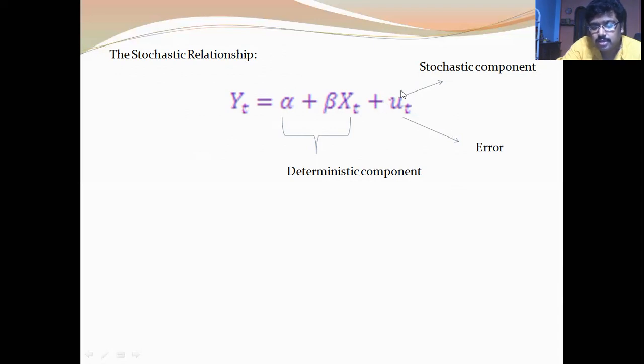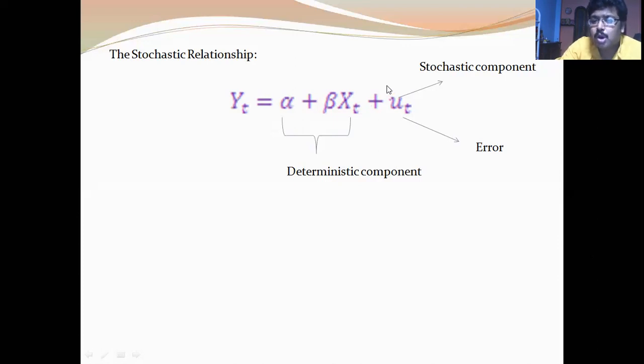Understand? Human responses are unpredictable. It is considered in this relationship by ut. If I do not introduce ut in this relationship, then we do not consider the unpredictable element of randomness in human responses.